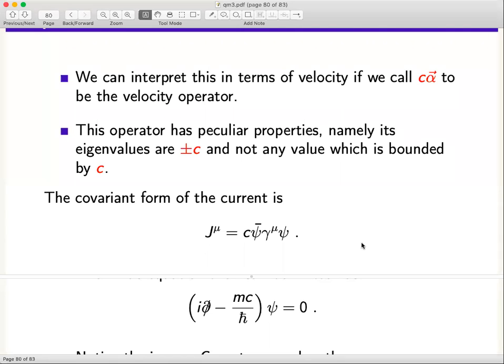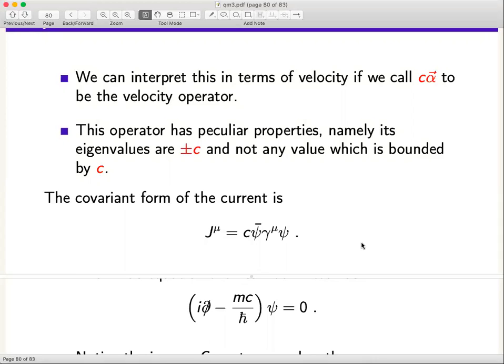If you have a solution written in that form, you would call that a particle-like solution, because that is related to the beta matrix or gamma 0 matrix having upper component being 1 and lower component being -1. So the upper component has positive energy and the lower component has negative energy.